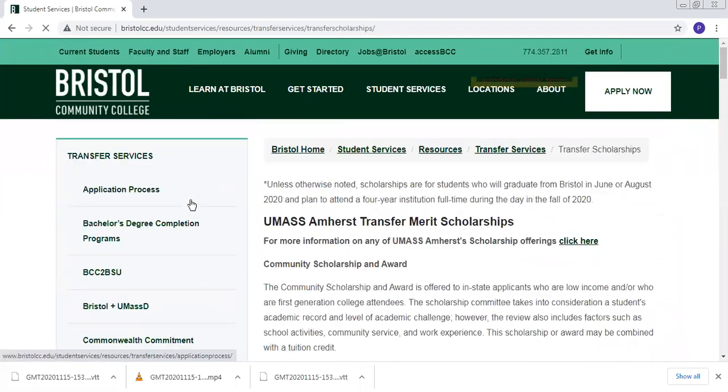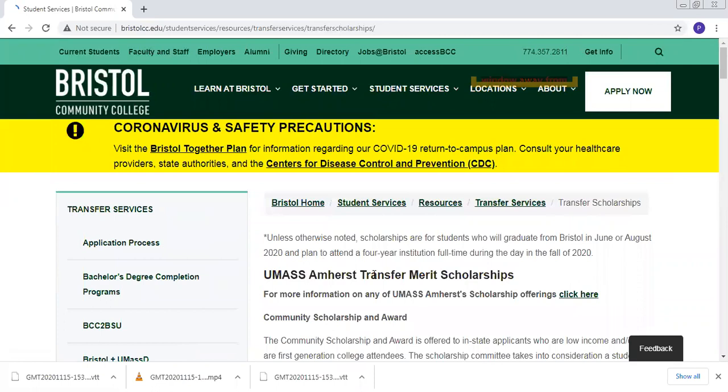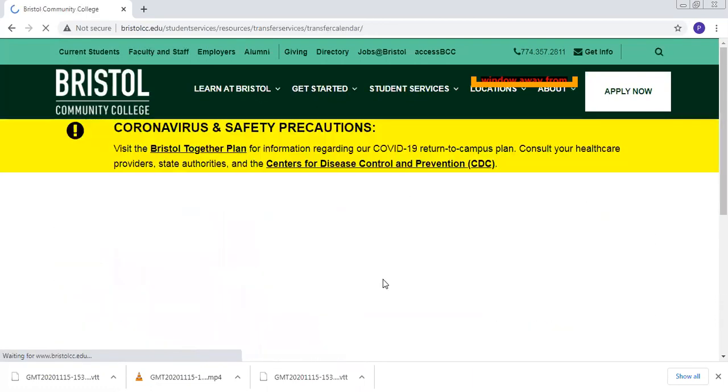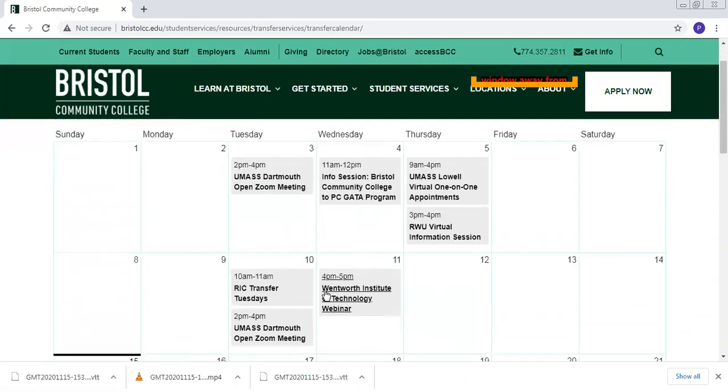They also have scholarships, and they say sometimes that students do not even apply for these scholarships. So don't think, well, I'll never get one, or I'm not a good student. It never hurts to apply. All right, and the last thing is the calendar. It will tell you when there are meetings.